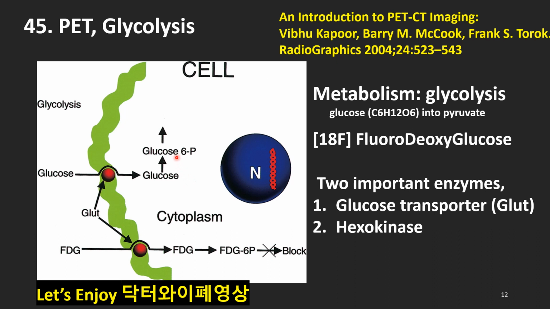Glucose 6-phosphate, and then that's all. FDG goes the same way, but after FDG 6-phosphate, it is blocked. It remains in the body cell for a longer time than normal glucose, so we can take the image of this FDG. That makes this study perfect.